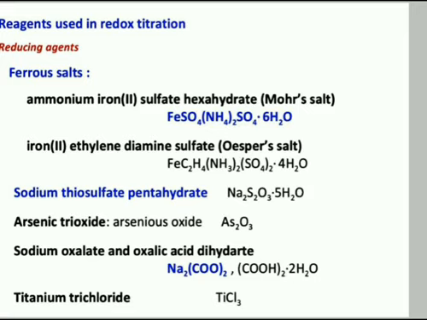Another example of a reducing agent is sodium thiosulfate pentahydrate and arsenic trioxide, that is arsenous oxide, As2O3. Other reducing agents we can use in redox titration are sodium oxalate, oxalic acid dihydrate, and titanium trichloride. So these are some of the reducing agents we use in redox titrations.